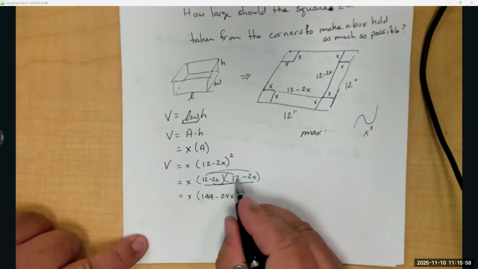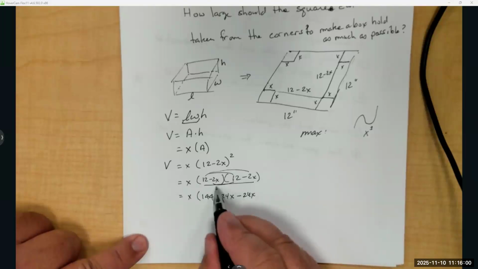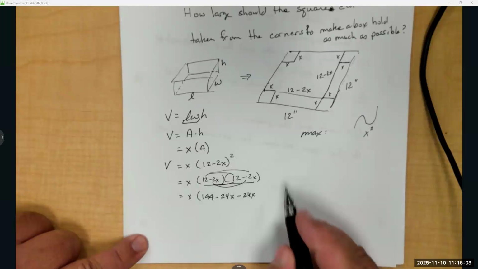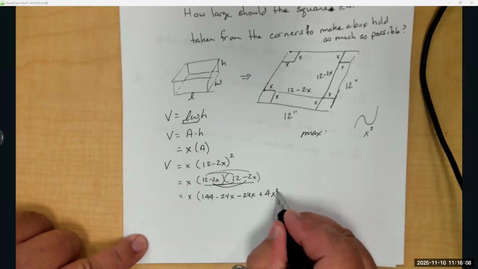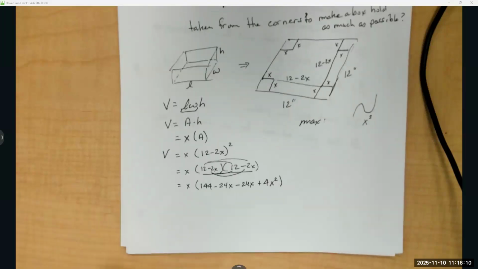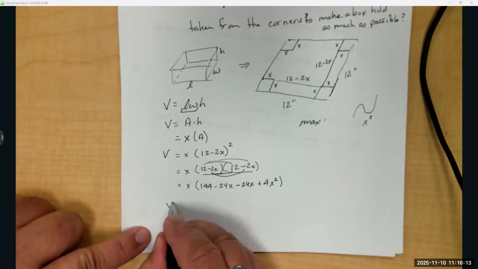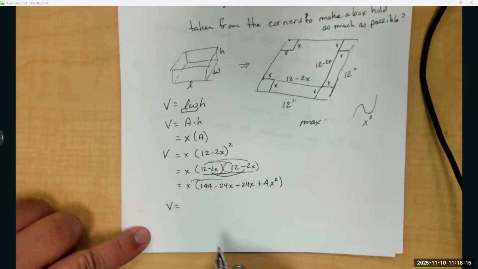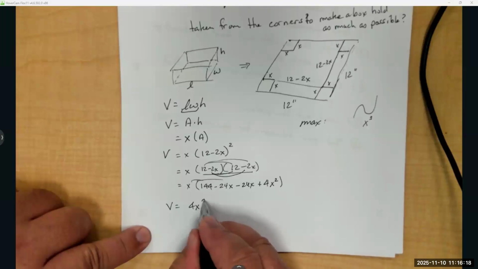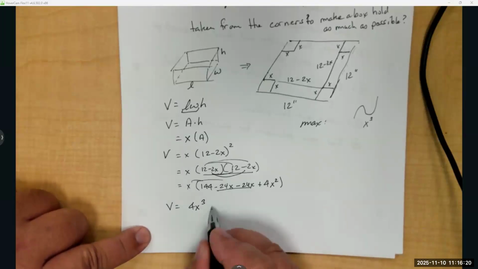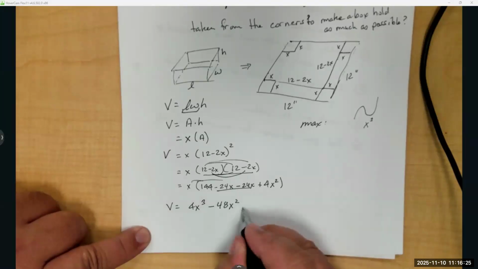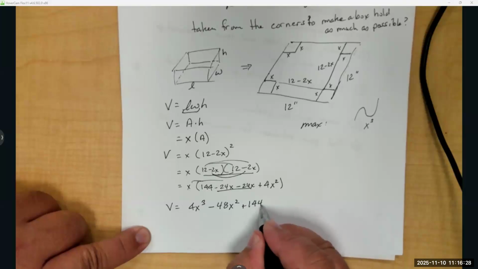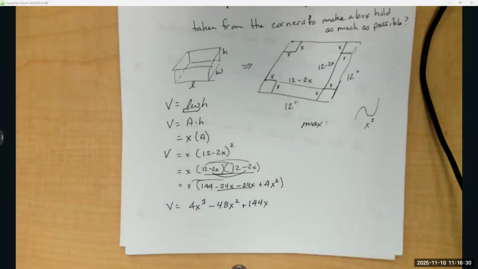Negative and positive is negative. 12 times 2x is 24x. Negative and negative makes it a positive. 2x times 2x is 4x squared. Now distribute that. We get 4x cubed. These two make it 48x squared, plus 144x. So we have that so far.